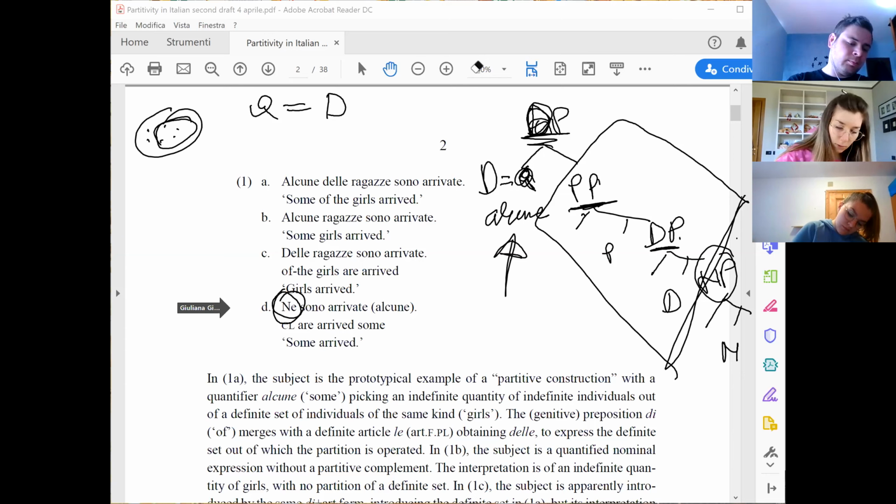Ne sono arrivate. And this, I think, makes a difference, for example, between Southern Italian dialects or Standard Italian and my own dialect. I don't say ne sono arrivate in my colloquial Italian and in my dialect.